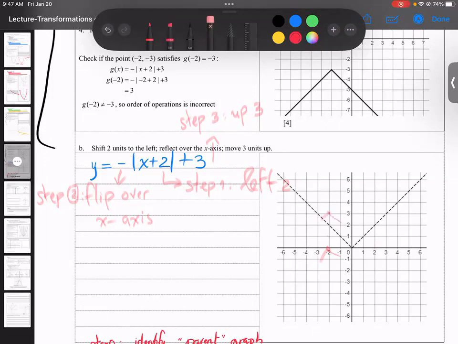That's your new graph. Same width and everything, it's just in a different position. So your new vertex will be (-2, 3).